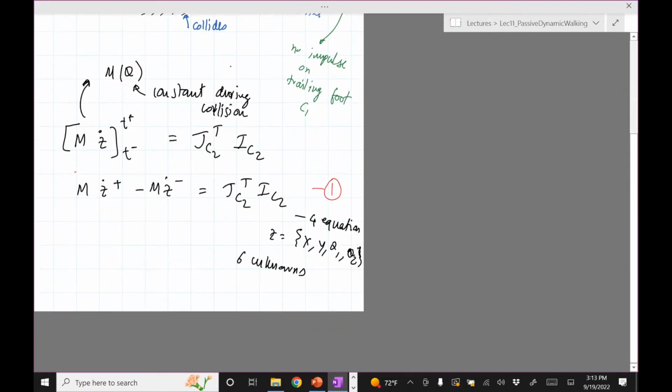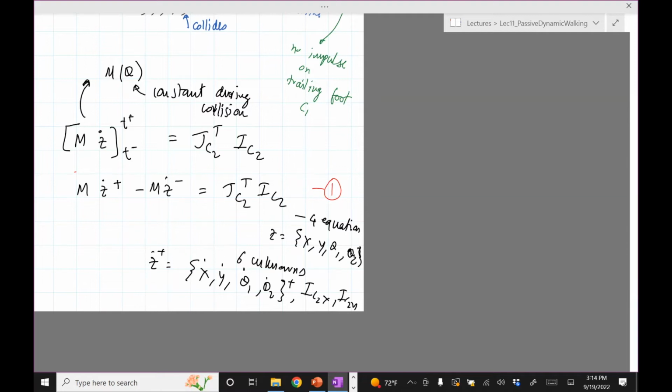We have x dot, y dot, theta 1 dot, theta 2 dot, which is all z dot, and that is unknown. So all those 4 velocities after collision are unknown, but also this Ic2 x and Ic2 y are unknown. So there are 6 because of those 4 and those 2 due to impulses. So with 4 equations and 6 unknowns, you cannot solve for 6 unknowns because you don't have enough equations.